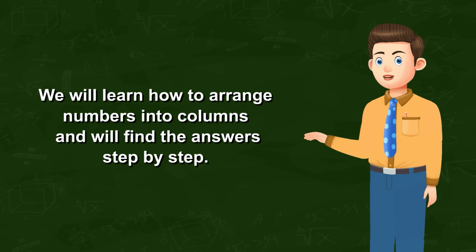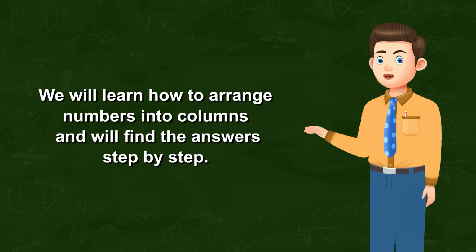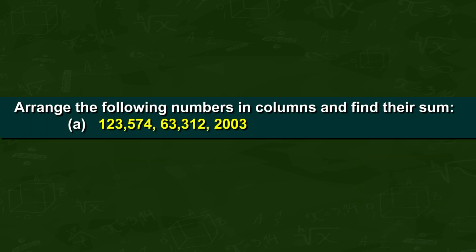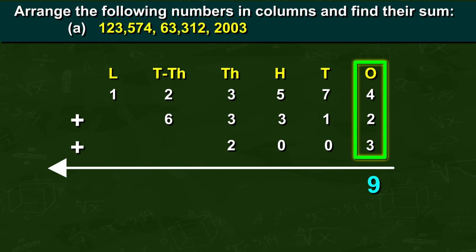We will learn how to arrange numbers into columns and will find the answers step by step. Question 2. Arrange the following numbers in columns and find their sum. A. 1,23,574, 63,312, 2003. Let's arrange numbers in column form and solve it.